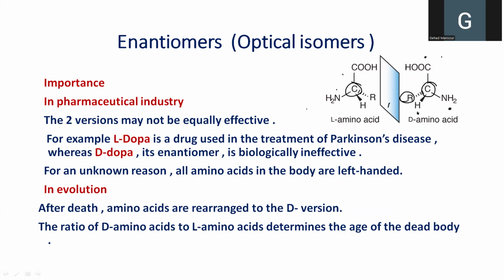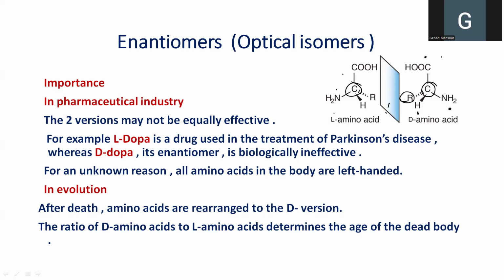So it's very important in the pharmaceutical industry because the 2 optical isomers might not have the same chemical properties. For example, as we said before, L-DOPA is used in the treatment of Parkinsonism, whereas D-DOPA, which is its optical isomer or its enantiomer, is almost biologically inactive.